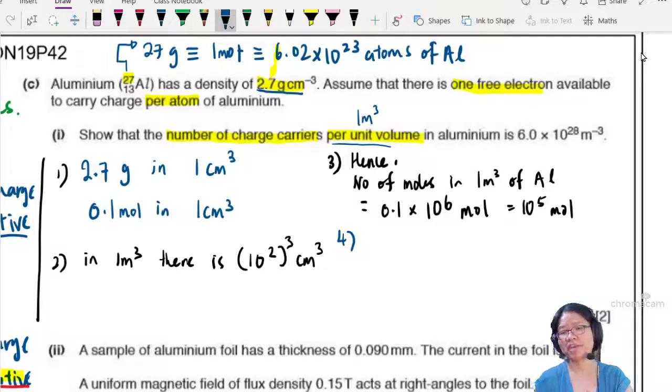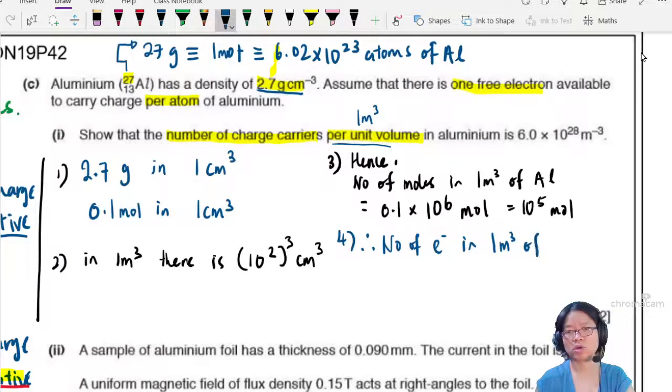Okay, so once we know that, then we can move on to step 4. Because if I have 10 to the power of 5 moles, hence the number of aluminium atoms, which is the same as the number of charge carriers or electrons in 1 meter cube of aluminium, will be equal to 1 meter cube has 10 to the power of 5 mole. 1 mole is 6.02 times 10 to the power of 23.